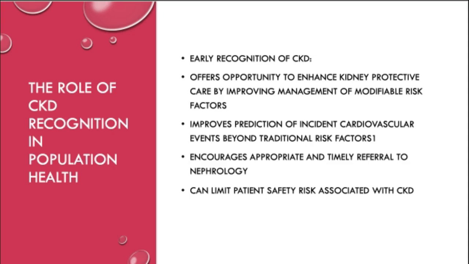So what will your role as a primary care provider be as far as chronic kidney disease recognition? We want to make sure that we are able to catch those early CKD patients, so early recognition. We also want to offer opportunity to enhance kidney protective care by improving management of modifiable risk factors.